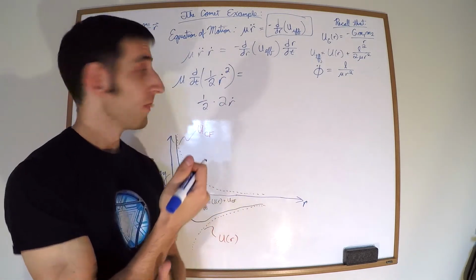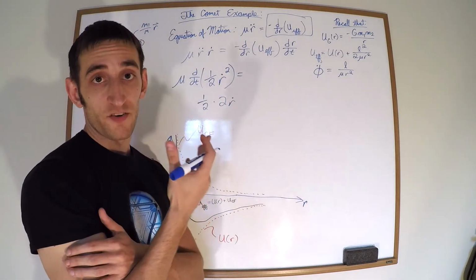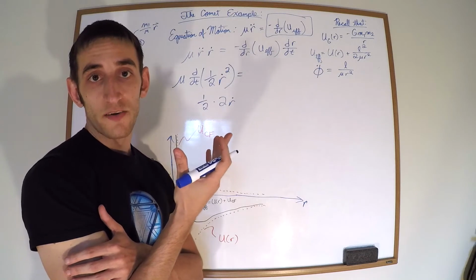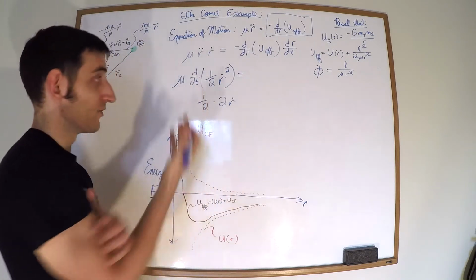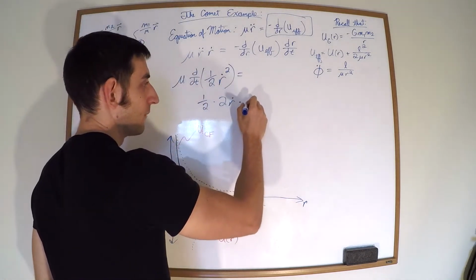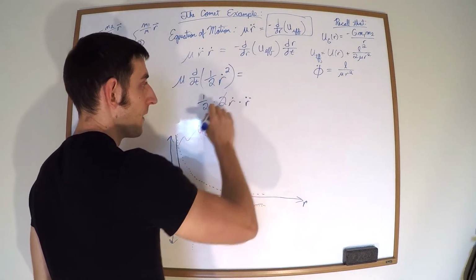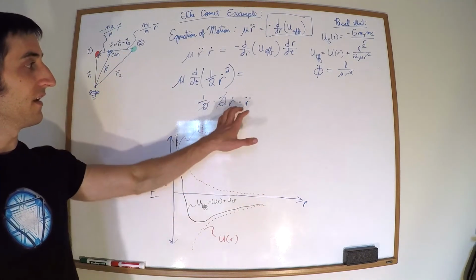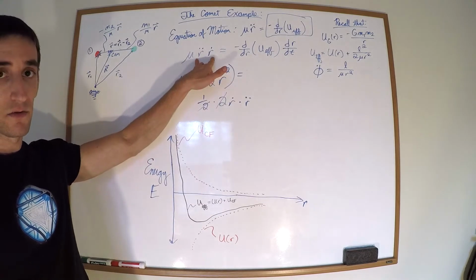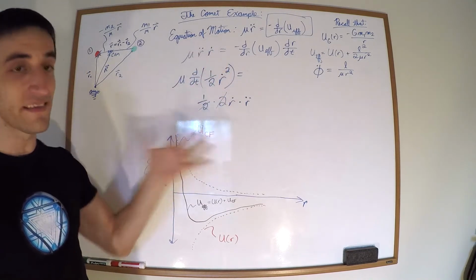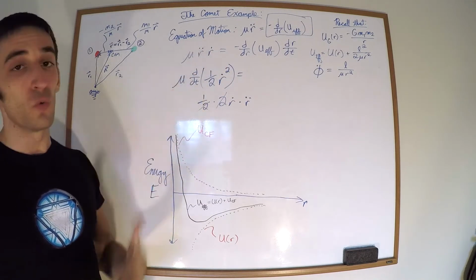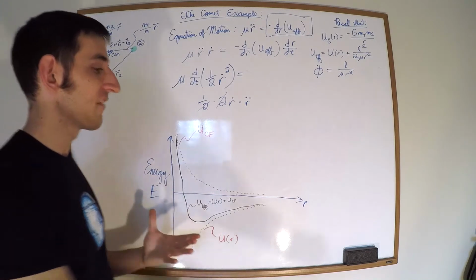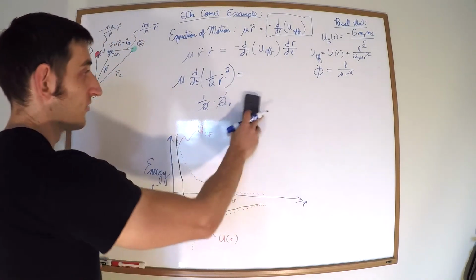Now the chain rule, because r is a function of time, as is r dot, so this is times r double dot. Well, look at that. This is no different than that, right? So we just condense this down into one derivative, which simplifies it, but also divulges something interesting.